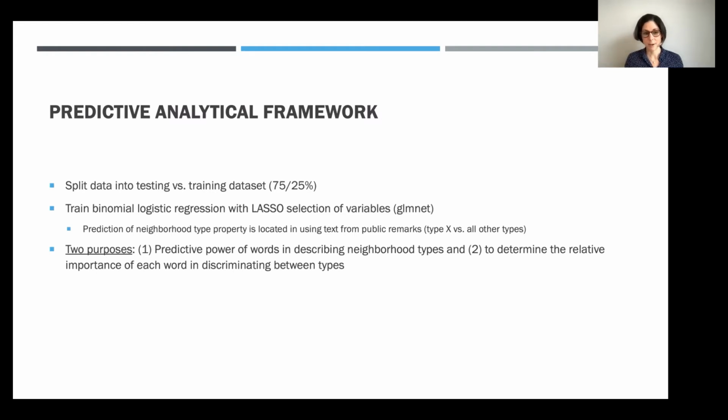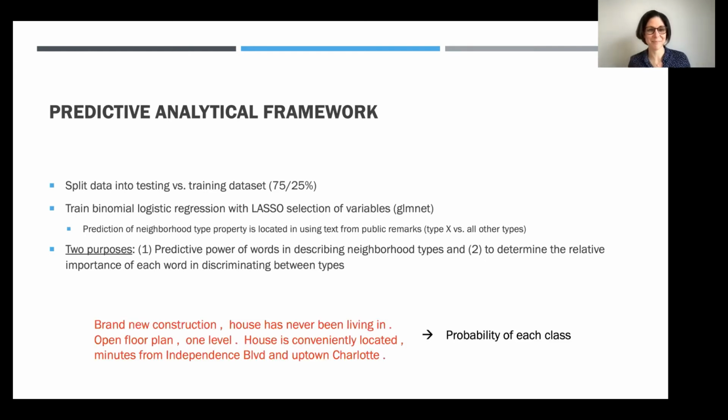One is it gives us better predictive power of certain words in describing the neighborhoods, and then we get the relative importance of each word, which was what we were actually most interested in. So for instance, for prediction, once we have the coefficient of each word, we could take a listing and predict the probability that that listing belongs to a certain neighborhood.